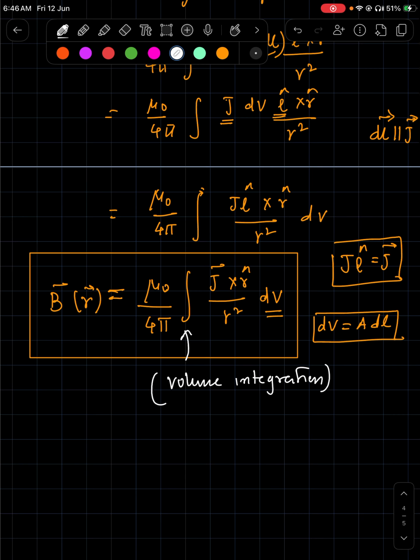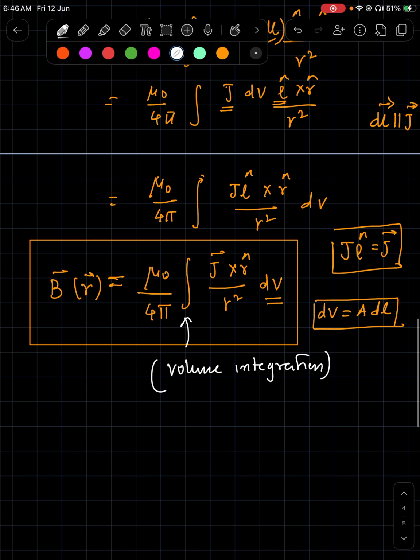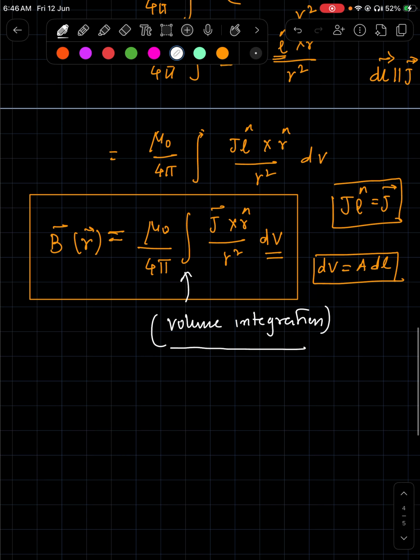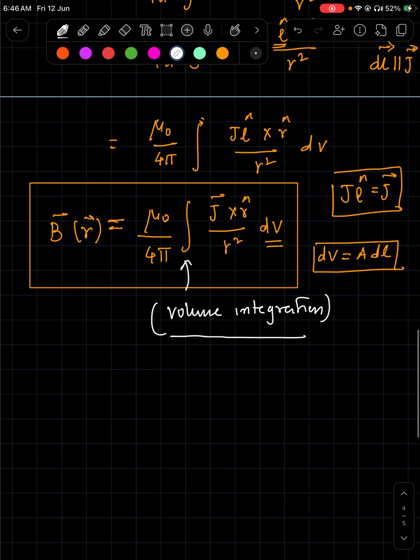This integration is not taken along the line; it is taken over the volume of the wire. That is why the current density appears in this picture, and we have already seen how to write the current density in terms of the current or vice versa. So please remember this properly. It appears to be a line integration, but it is actually a volume integration here.